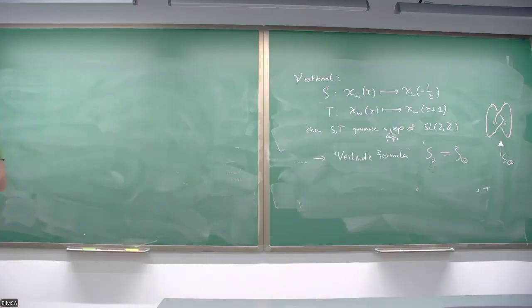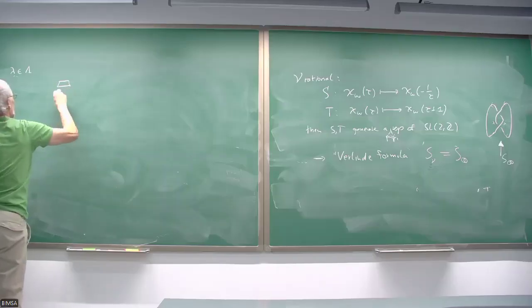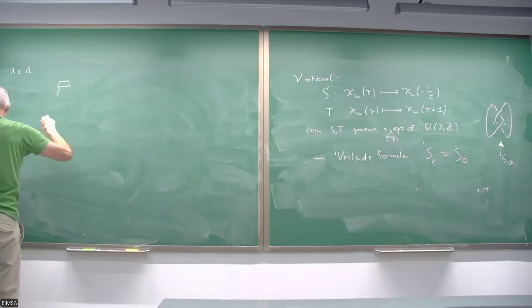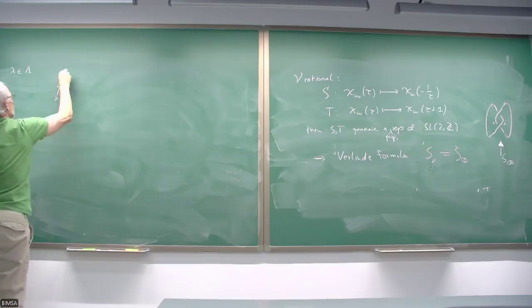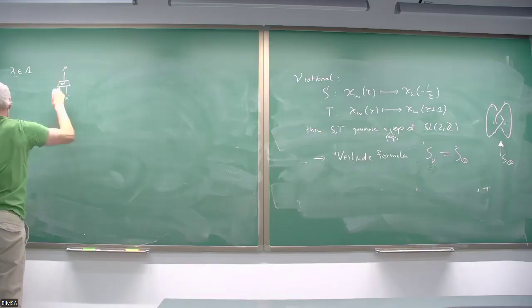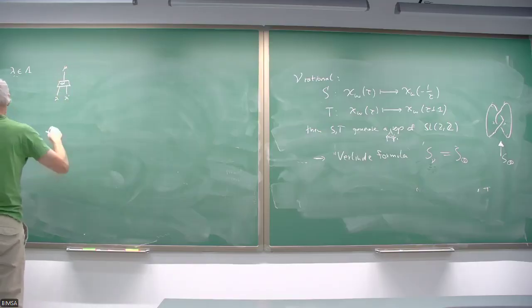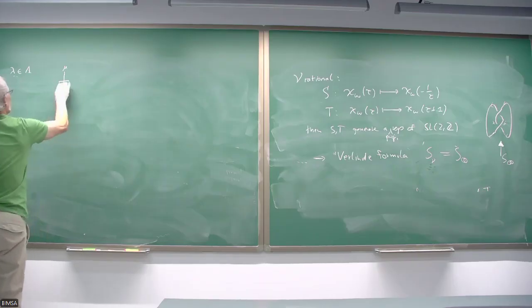I think it's nice to have seen this argument. We need some notation. So we have this set of isomorphism classes of simple objects which I have called capital lambda. And then I look at morphism spaces of the form that I take lambda prime, and say mu, and take alpha.